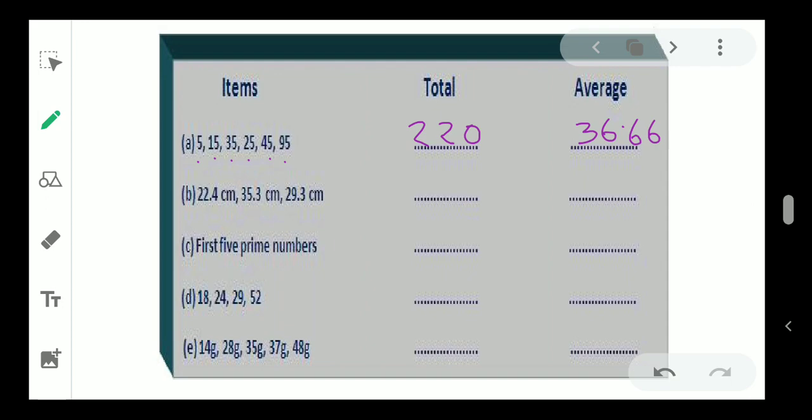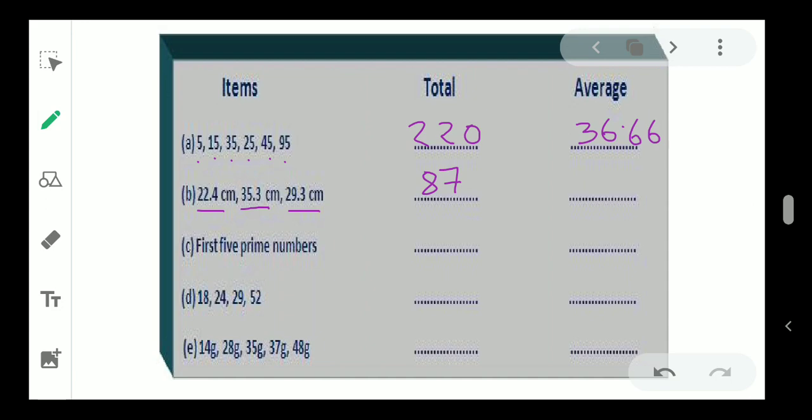The next one is also like that. You have to first find out the total, that is 22.4 plus 35.3 plus 29.3, so the total will come 87. And you have to divide by the number of data. So how many? 1, 2 and 3.